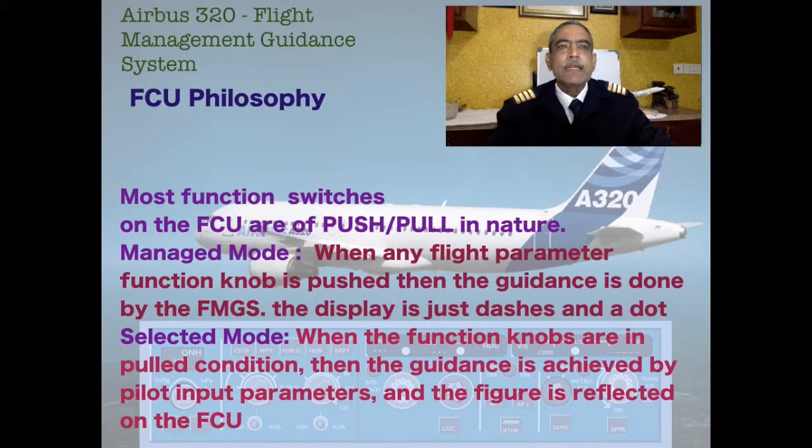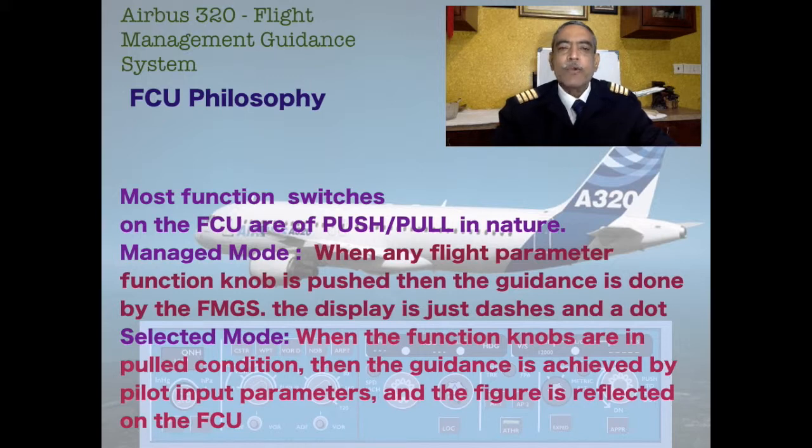Having seen the managed mode and the selected mode, I also told you that the knobs have two possibilities, either to push or to pull. Now, when any flight parameter function knob is pushed, then the guidance is done by the FMGS, and the display on the FCU panel is just dashes and a dot, indicating to the pilot that he is not in control and the FMGC is controlling the flight path of the airplane.